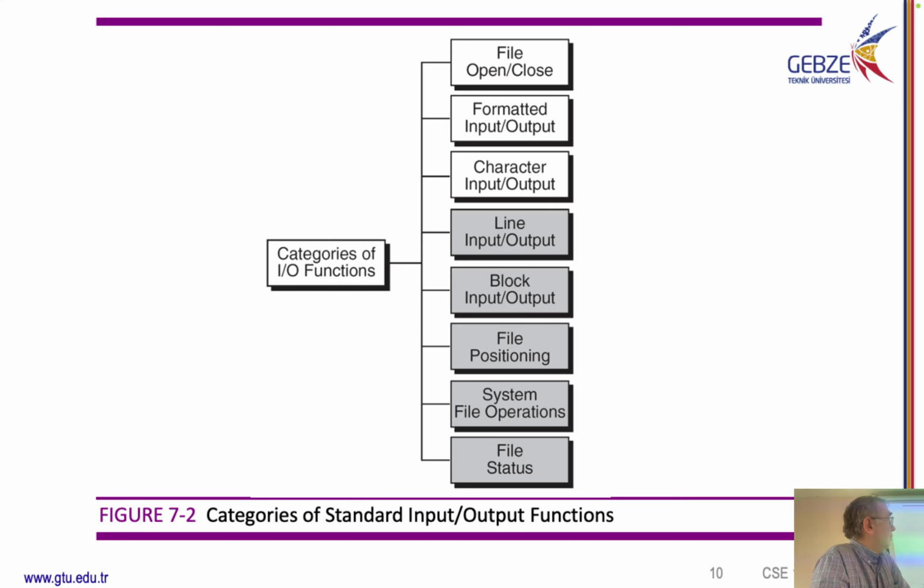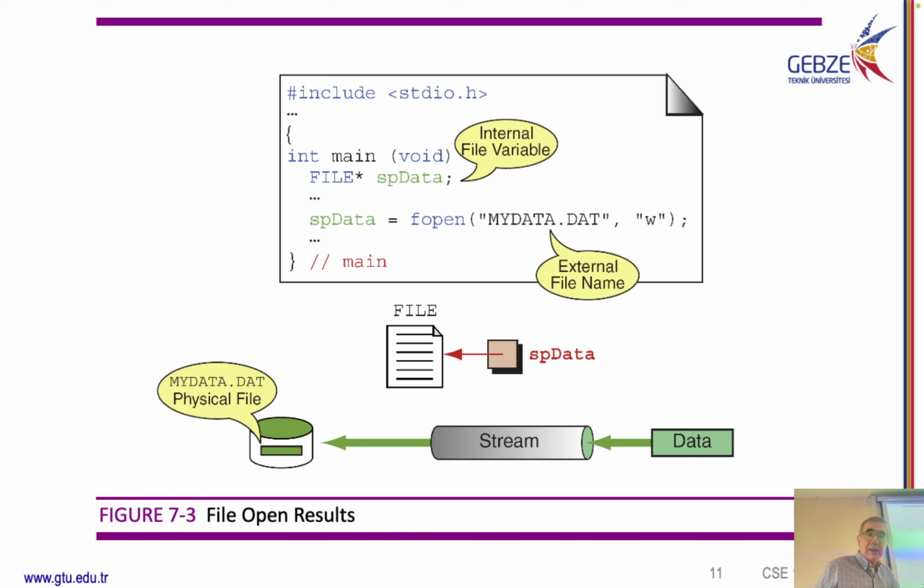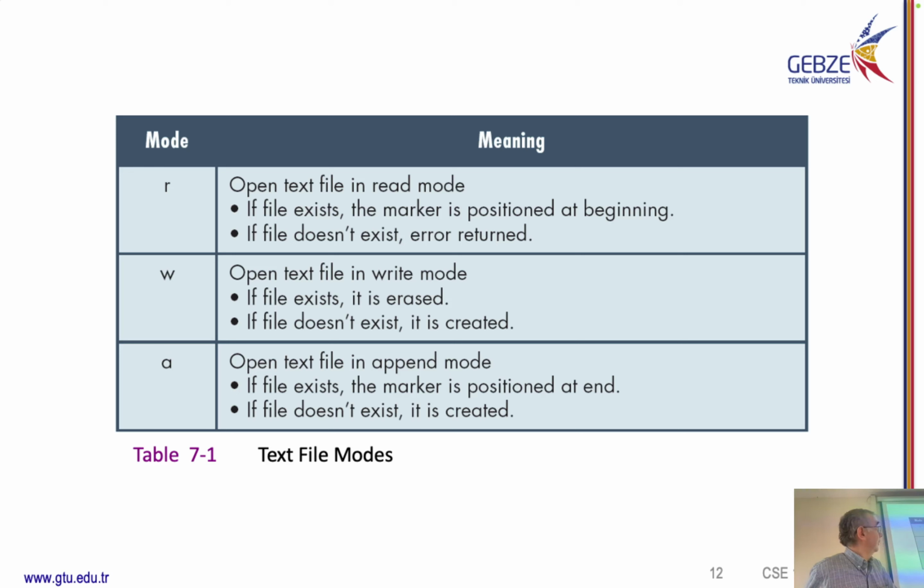The first three is what you know: file open close, formatted input output. The bottom ones are block reading, for the database that you did. So structure, binary read write. That is the file pointer: read, write, append.